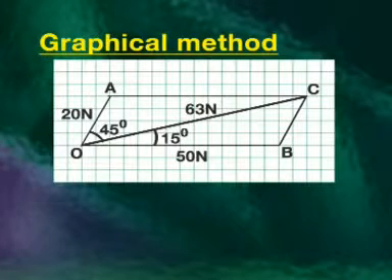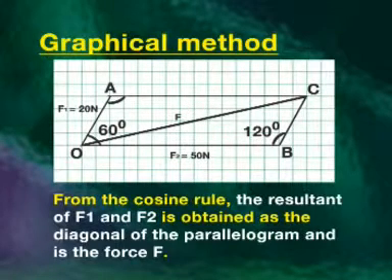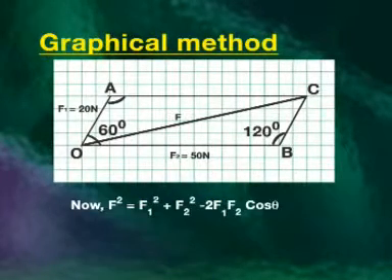Can we now try the calculation or analytical method from the parallelogram principle? From the cosine rule, the resultant of F1 and F2 is obtained as the diagonal of the parallelogram and is the force F. Now, F squared equals F1 squared plus F2 squared minus 2 F1 F2 cos theta.